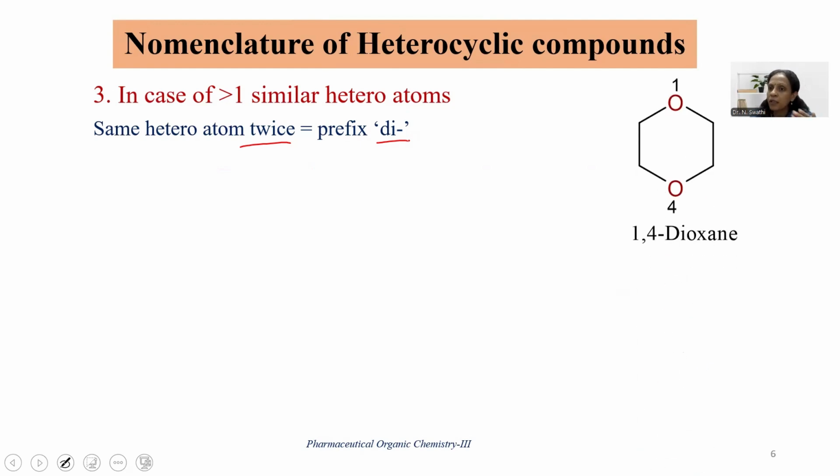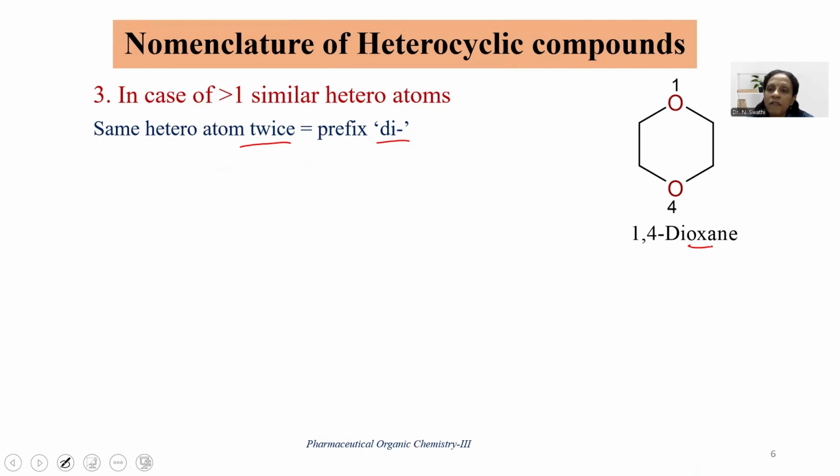Here two heteroatoms are there, and the nature of the heteroatoms is similar. That means this contains two oxygens. When oxygen is present, we indicate that in the prefix as "oxa". But here two similar oxygens are present, so we indicate that as "dioxa" in the prefix. And further we have to indicate the position of the heteroatoms.